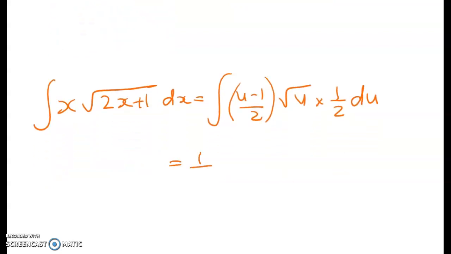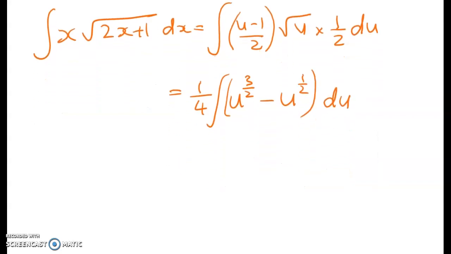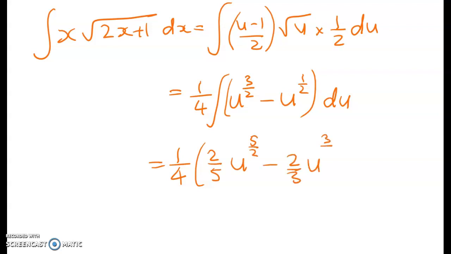You can see that we've got 1/4 times the integral of u to the power of 3 over 2 minus u to the 1/2 du. So a nice easy integration problem now. It's going to give me 1/4 times 2/5 u to the 5 over 2 minus 2/3 u to the 3 over 2 plus c.